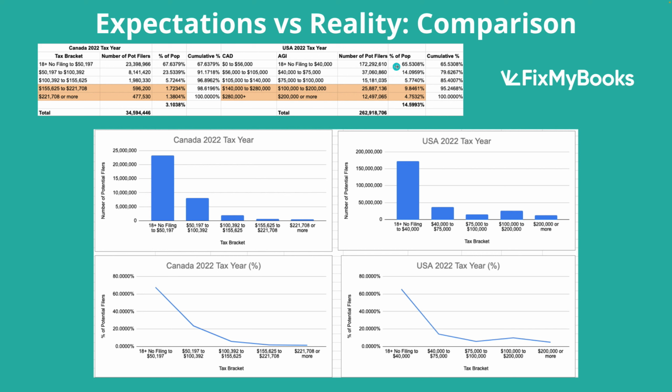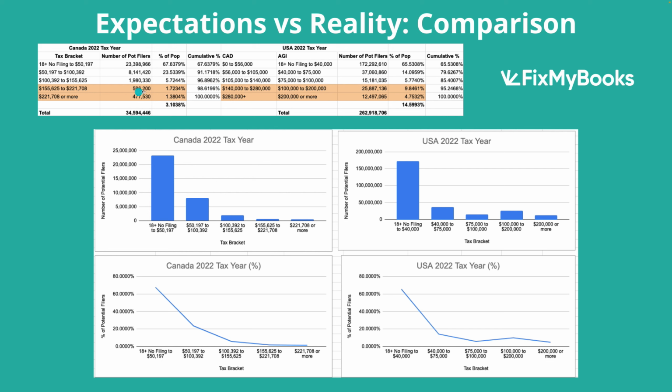So what's happening is the wealth is moving up into the upper income brackets. I mean, the 100,000 to 155,000, which is very, very similar here, the 100 to 155 versus 105 to 140 here. That's roughly similar. So 5.7% versus 5.7% of the population.